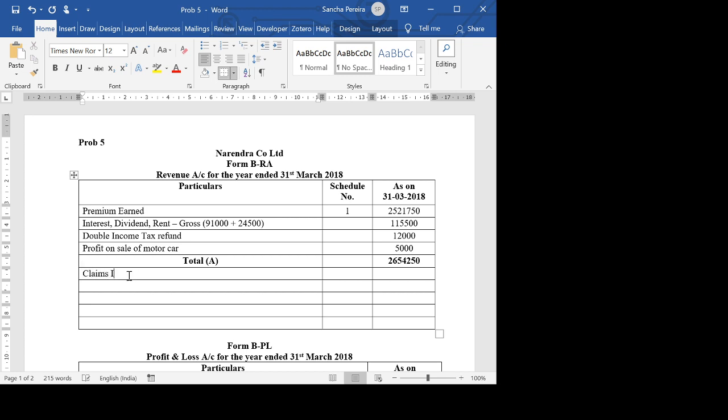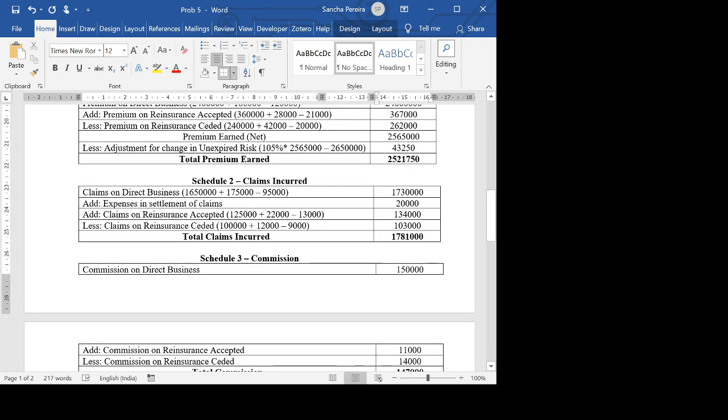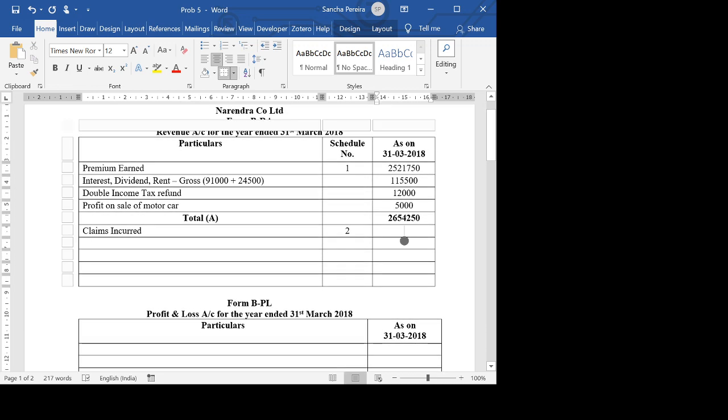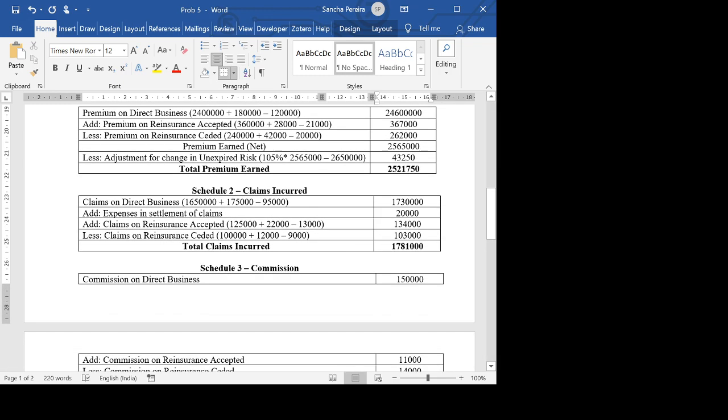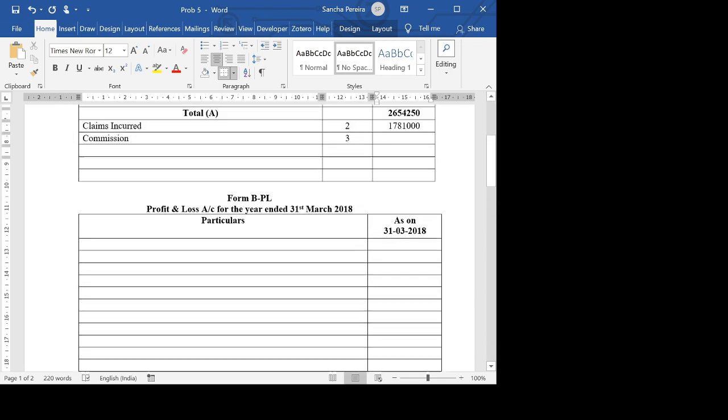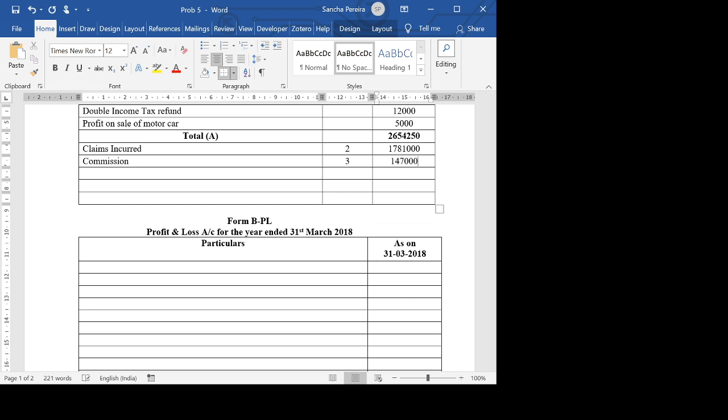So we start with claims incurred. Next one, schedule 2. Total claims are 17 lakhs 81,000. Then we have commission, schedule 3, which is 1,47,000. And finally, operating expenses related to marine insurance business.